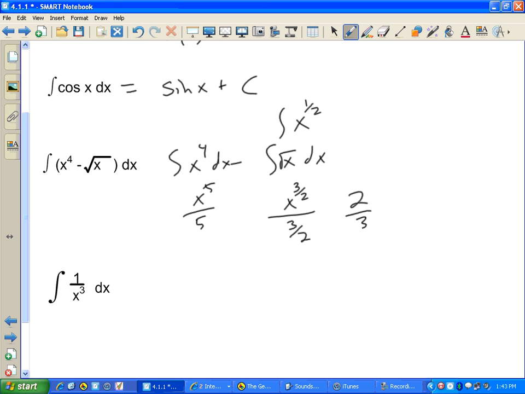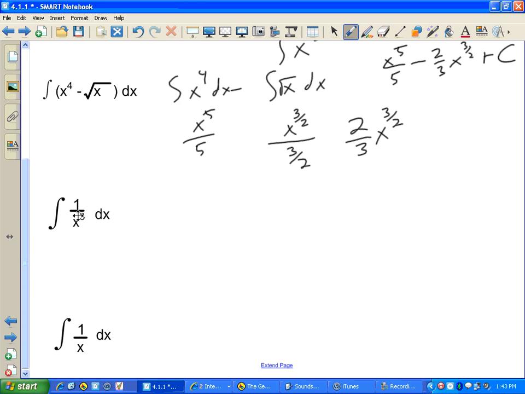So I would get 2/3 x to the 3/2. Okay, and if I derive this, I'd drop the power. I'd have 6 over 6, which would be 1. Drop the degree of the power by 1, which would make 1/2, which would give me back to this. So my overall solution to this one is going to be x to the 5th over 5 minus 2/3 x to the 3/2 plus my constant of integration.